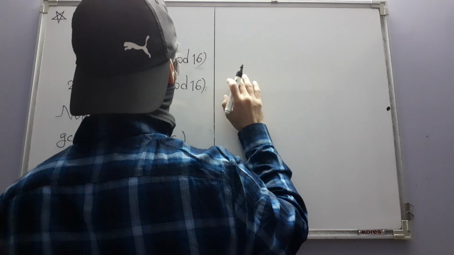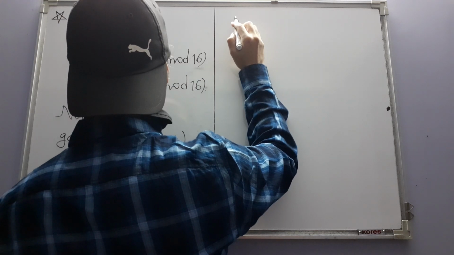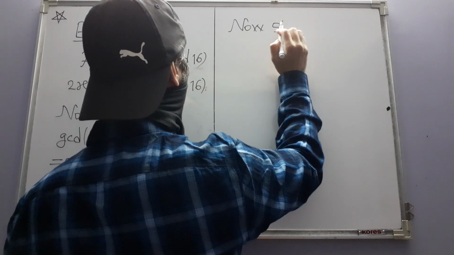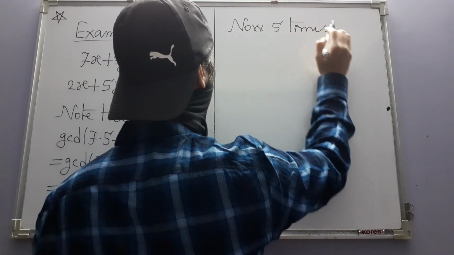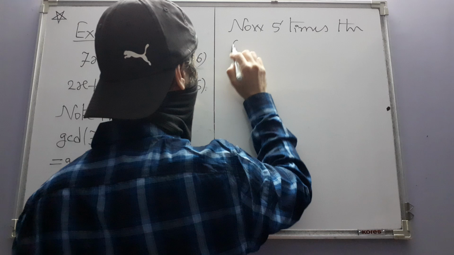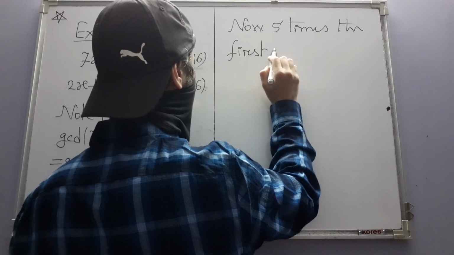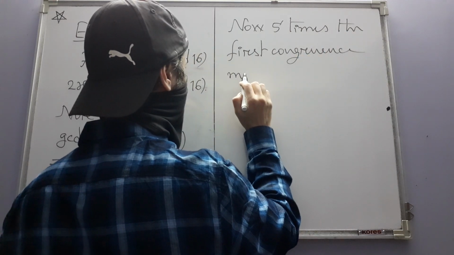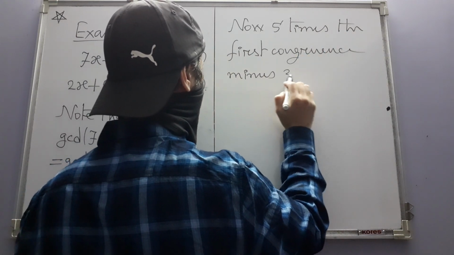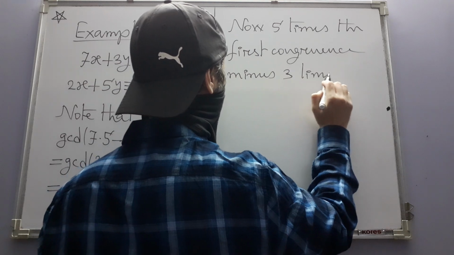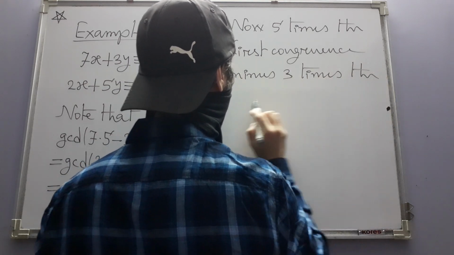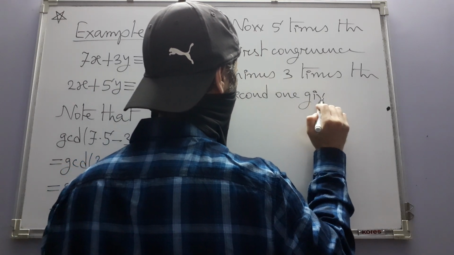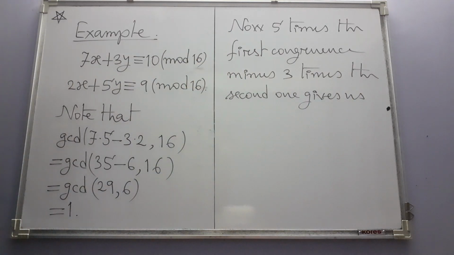Let me write it to make it clear. Now, 5 times the first congruence minus 3 times the second one gives us, it's going to give us what?